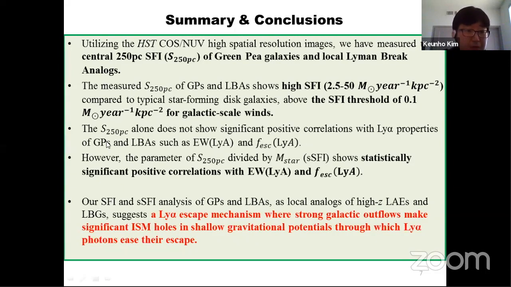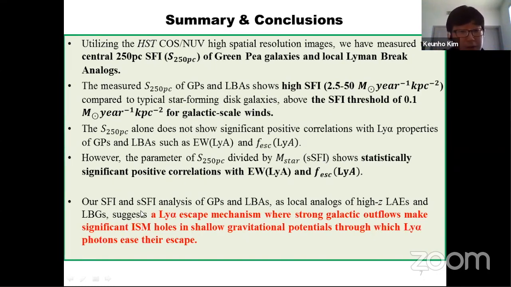While the central SFI alone doesn't show significant positive correlations with Lyman alpha properties of Green Peas and LBAs, we've found that the parameter of specific star formation intensity, defined as SFI per stellar mass, shows significant positive correlations with Lyman alpha equivalent width and Lyman alpha escape fraction.